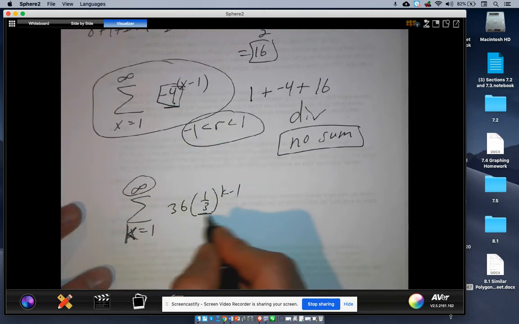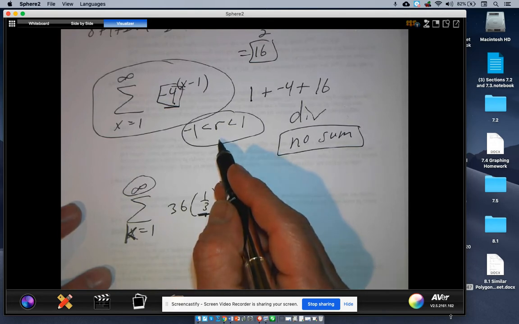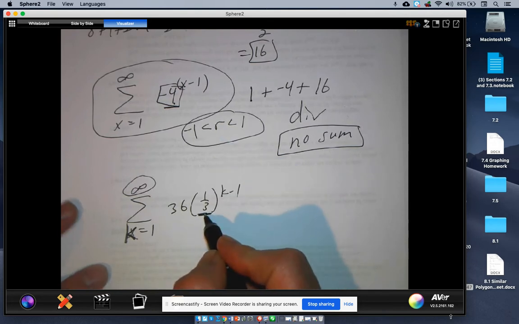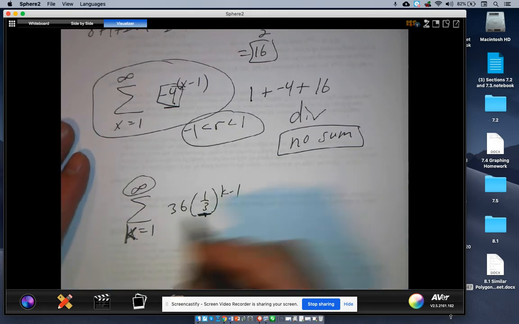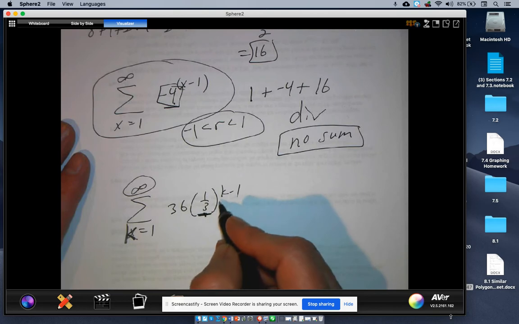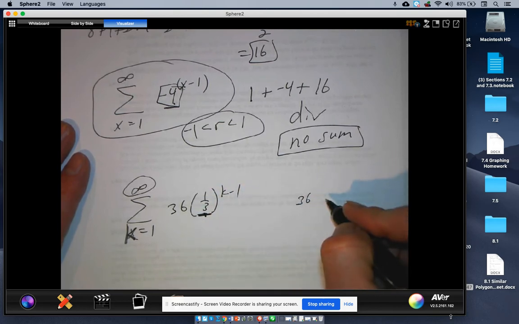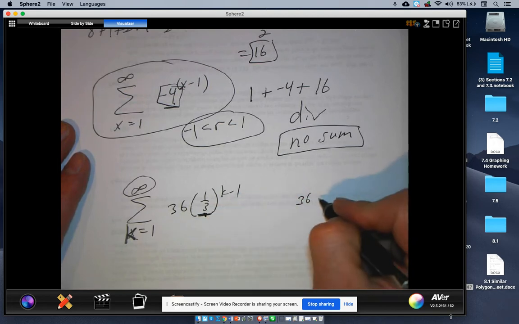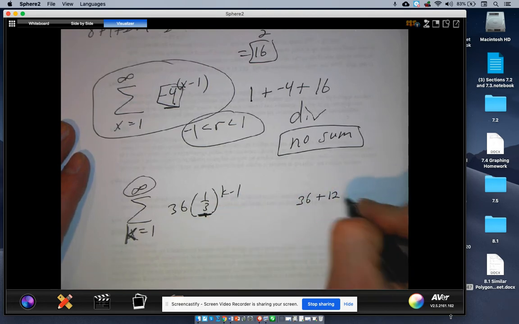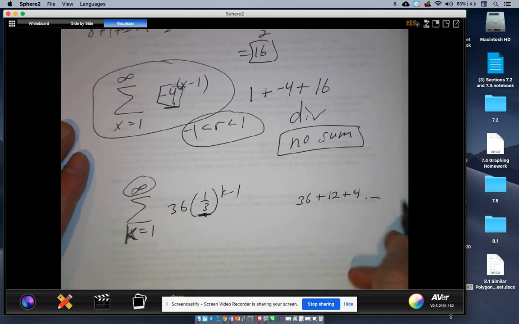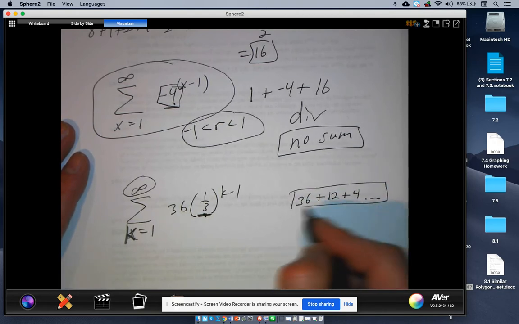Well, this base here on the exponent is a number between 1 and -1. So this one's going to converge, and we've got to find its sum, right? If I wanted to list the numbers out, I could put a 1 in here. If I put a 1 here, that's a 0, making this a 1. So my first term is 36, and then I'm going to divide by 3. I'm going to divide by 3 again. And I'm going to keep right on going forever.